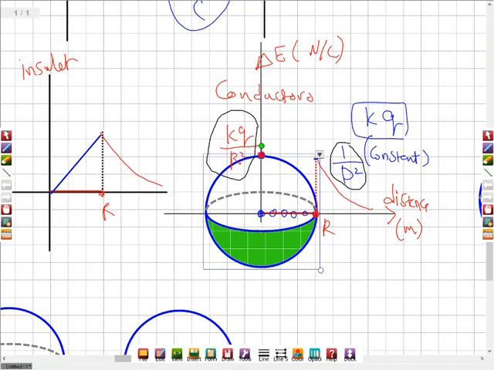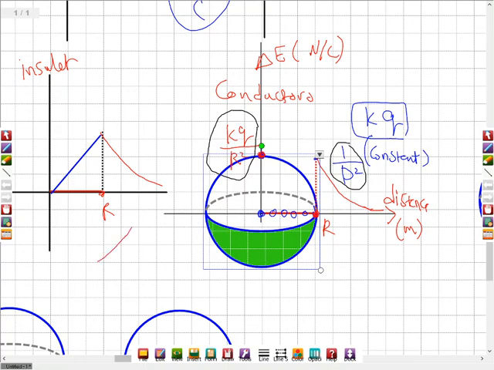It goes to 0 at infinity: when D goes to infinity, the electric field approaches 0. Here I just refreshed your memory with the insulator. In a conductor, there is no electric field inside. In an insulator, it starts from 0 at the center, increases up to the surface, and then decreases.